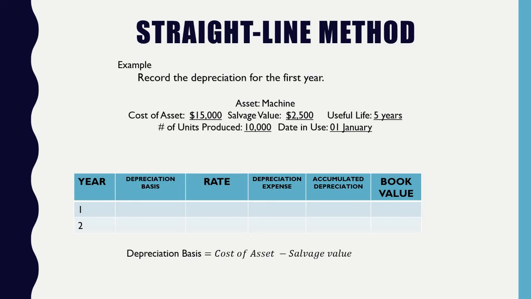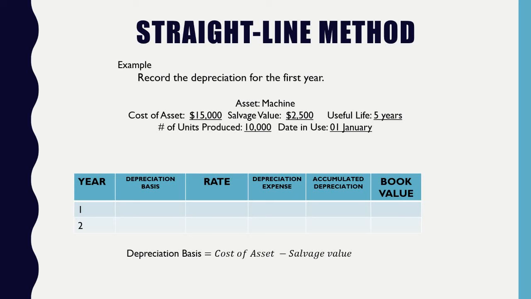It can produce up to a total of 10,000 units, and the date that we place it into service is as of January 1st. Now, assuming that we're depreciating at the end of the year, my depreciation happens December 31st. So let's solve for each component.